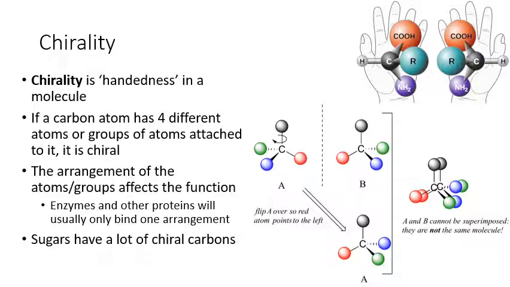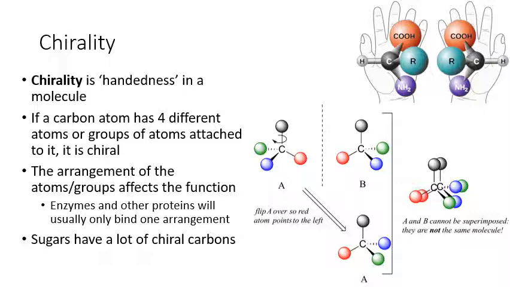The reason this matters is because sometimes in the body, you have maybe an enzyme that needs to perform some type of reaction on that chiral molecule, and it's only going to be able to recognize either the left-handed version or the right-handed version.